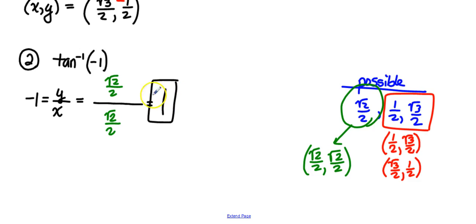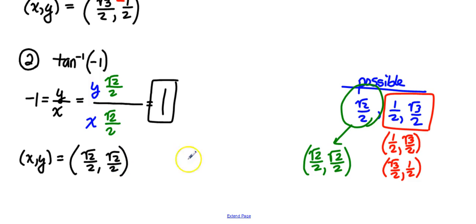The question is, which one is negative? Because notice I have a negative ratio. So let's see. This is y divided by x. When I write that as an ordered pair, x comma y, I've got root 2 over 2, root 2 over 2, and let's sketch.